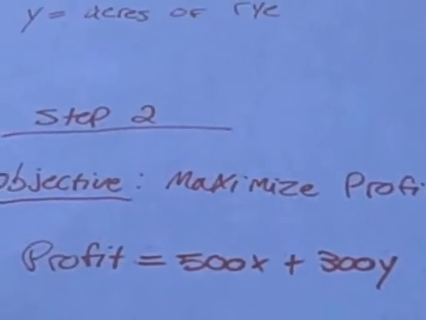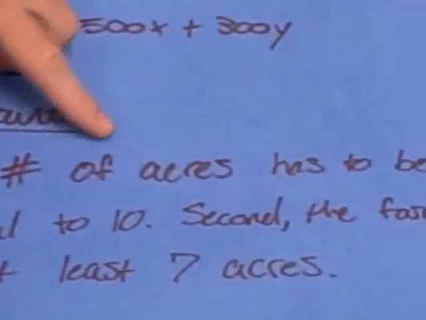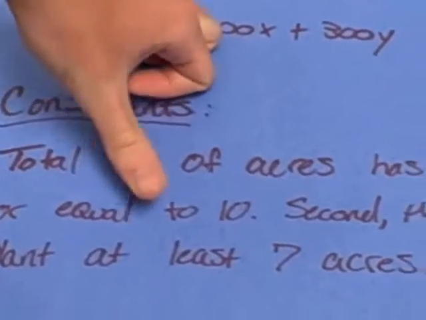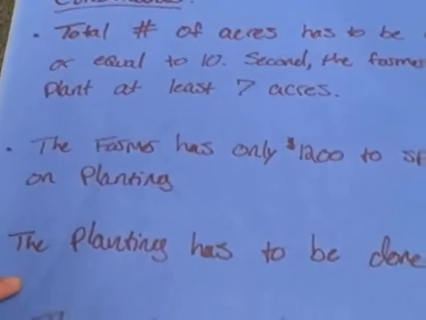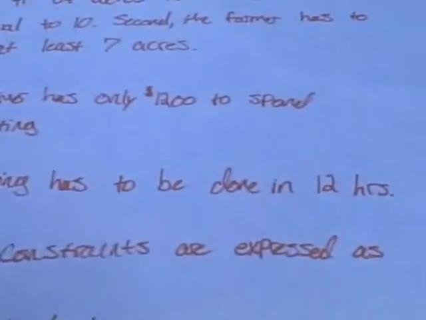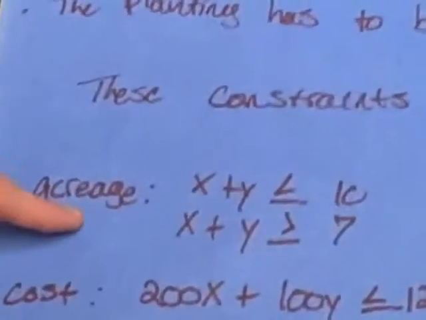And then we're going to find our constraints. Our constraints are the total number of acres has to be less than or equal to 10. Second, the farmer has to plant at least 7 acres. The farmer has only $1,200 to spend on planting. The planting has to be done in 12 hours, and those are all the constraints. So those are going to be expressed as this.